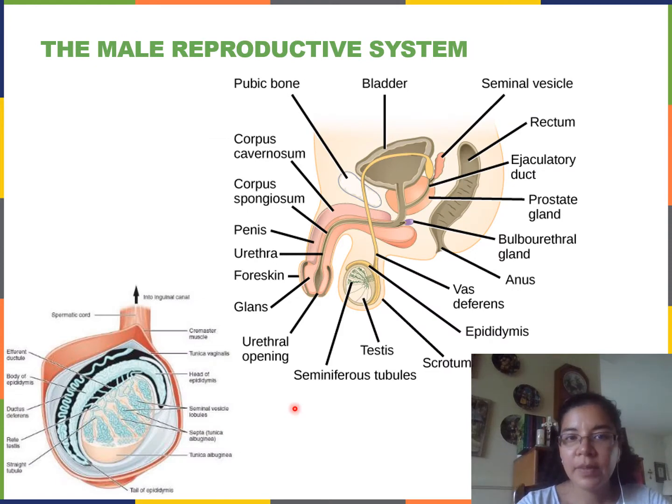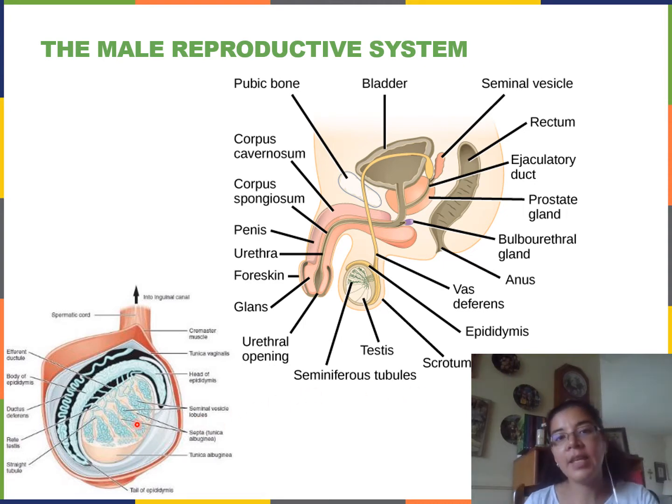We'll begin with the male reproductive system, and we'll start with the testes inside the scrotum. If we look at the lower left-hand corner, we see that inside the testes, we have a series of tubules. So the sperm are forming in what's known as seminiferous tubules.